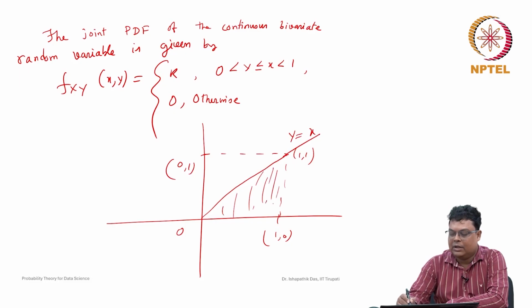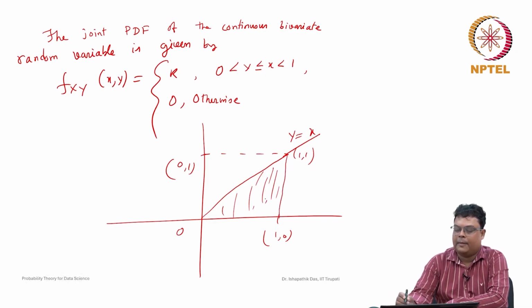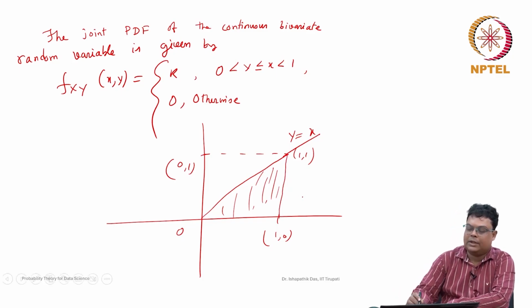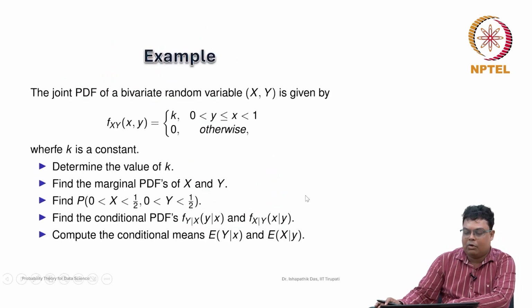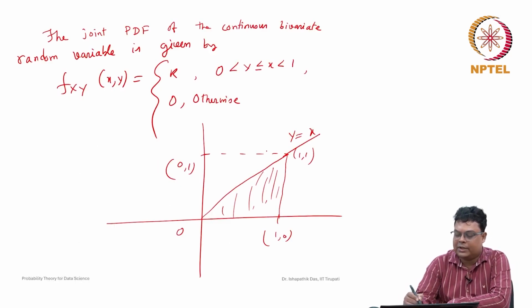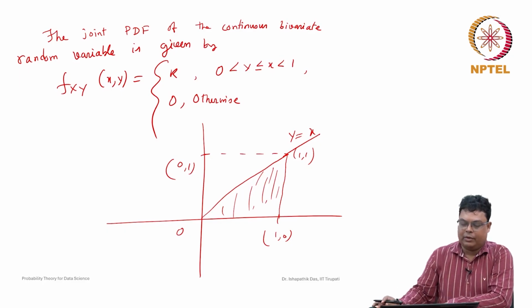So the density is constant in this region. What will be the value of k? Determine the value of k, and find the marginal probability density functions of x and y. We did all those things; if you can remember, we can write it directly, otherwise you have to do it. So let us quickly find out.